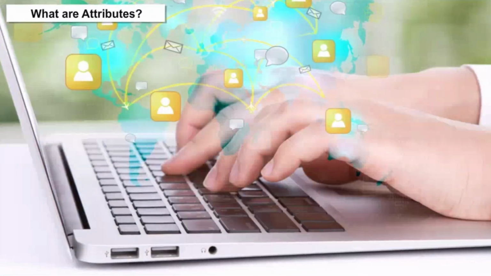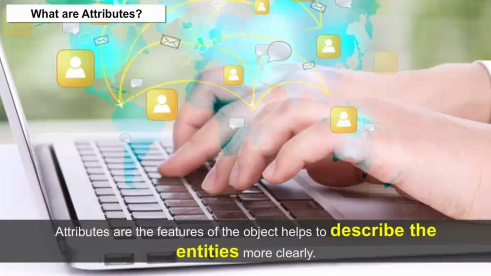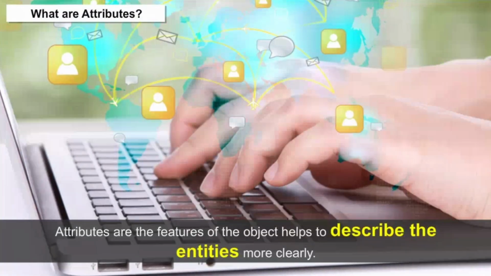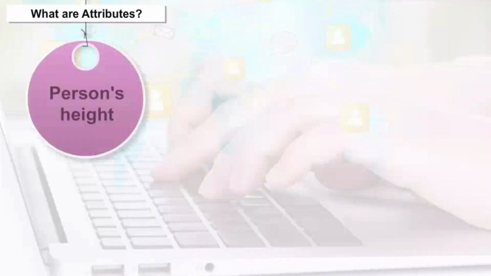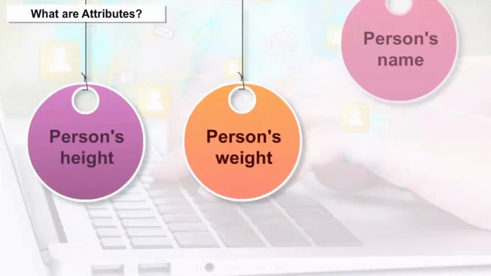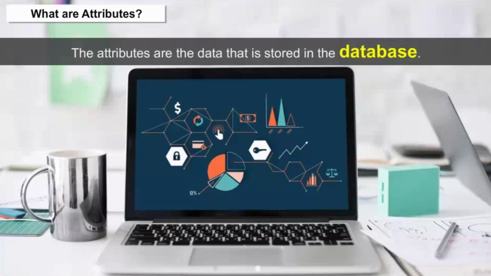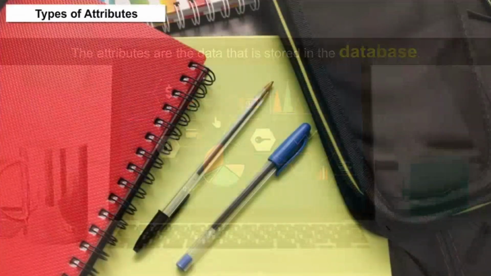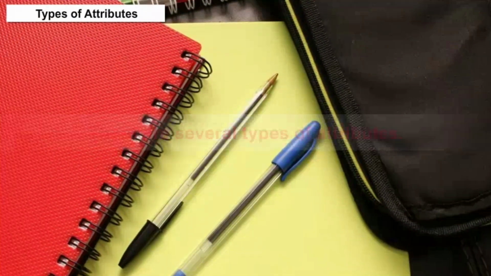What are attributes? Attributes are the features of the object, which help to describe the entities more clearly. For example, in the case of a person, his height, weight, name, etc. are attributes. The attributes are the data that is stored in the database. Types of attributes. There are several types of attributes.